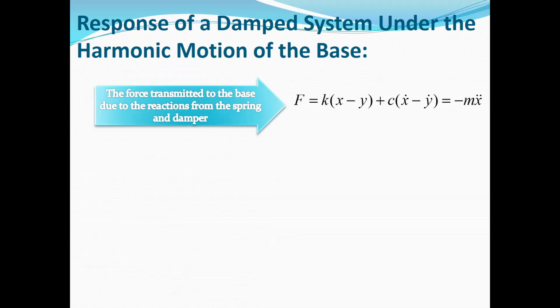Okay, the force transmitted to the base due to the reaction from the spring and damper can be obtained as k times (x minus y) plus c times (x dot minus y dot).